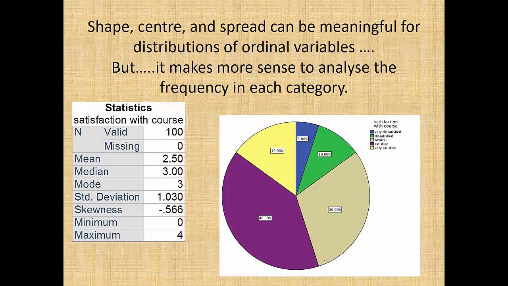Shape, center, and spread can be meaningful for distributions of ordinal variables, but again, I want to make the point. It makes more sense to analyze this using this pie chart rather than these values. And I hope you agree.